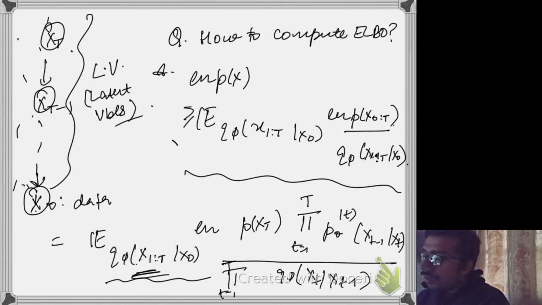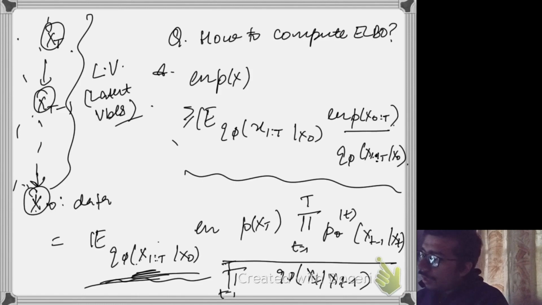So in order to avoid this big expectation over capital T variables, I'll break it into a sum of terms and let's see how these terms evolve. We'll try to combine the terms which have the same variable in the numerator and denominator. Let's first expand it out and see how it looks.